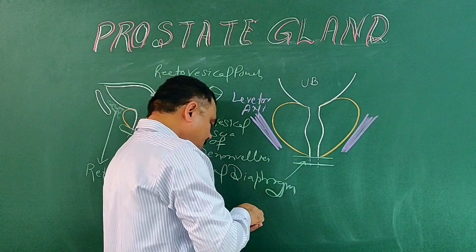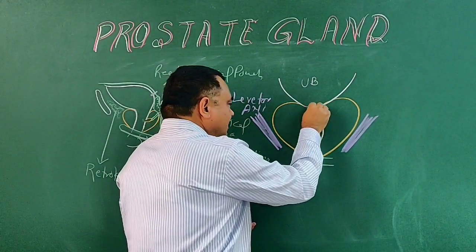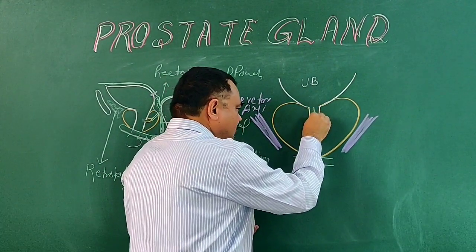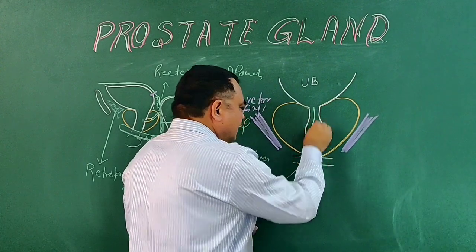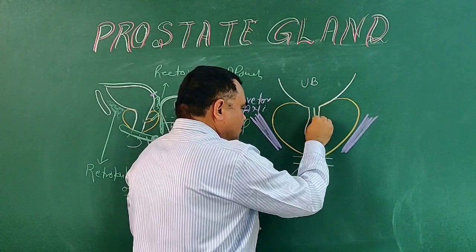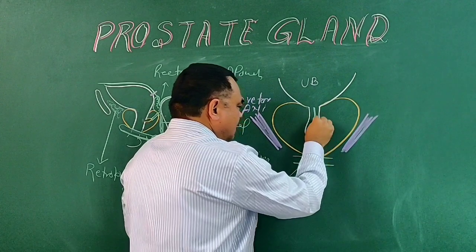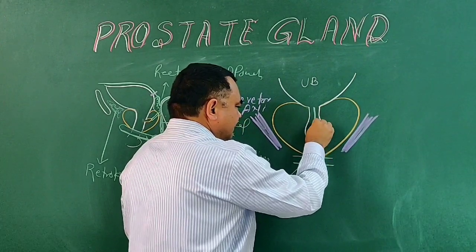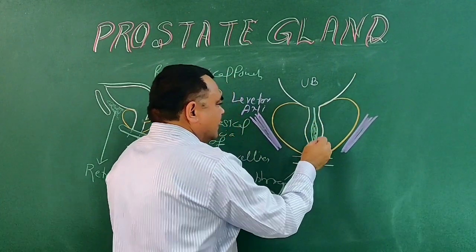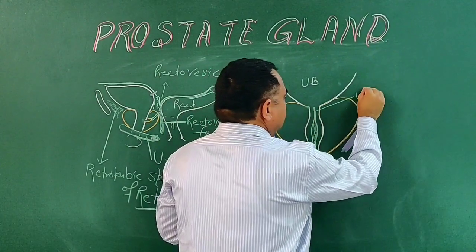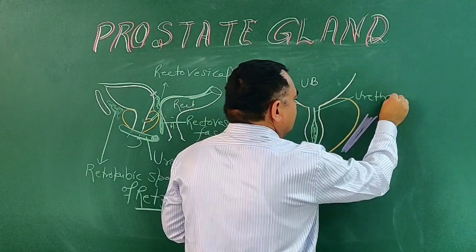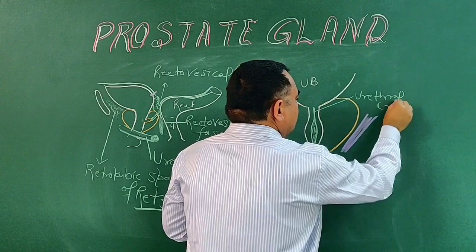In this prostatic urethra, if you see here, a fold of the mucosa is present. Here forms the urethral crest.